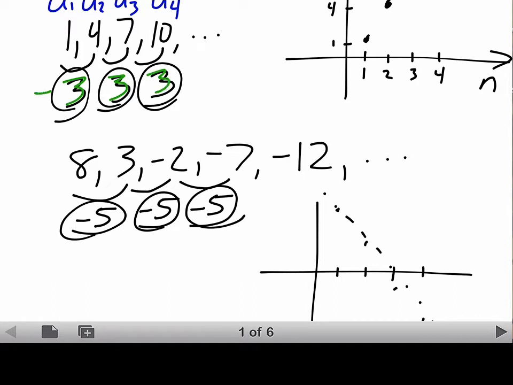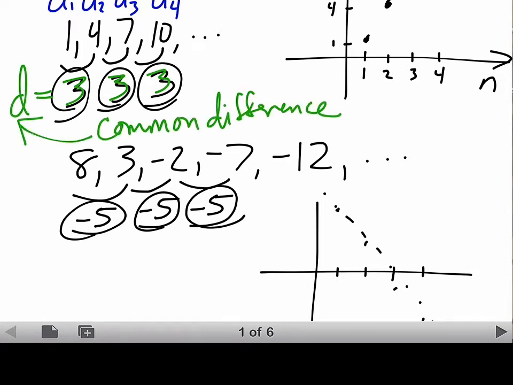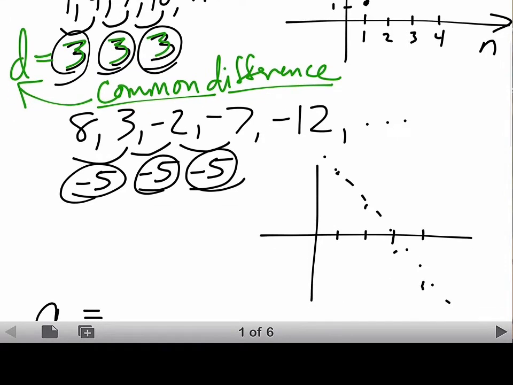That number is denoted by a D, and it's called the common difference, because every time we subtract one term from the next term, we get the same common difference. In the case of the second sequence, where we have 8, 3, -2, the common difference turns out to be -5. That it's negative just means it's decreasing, but in this case, -5 is what I would add to each term to get the next term.